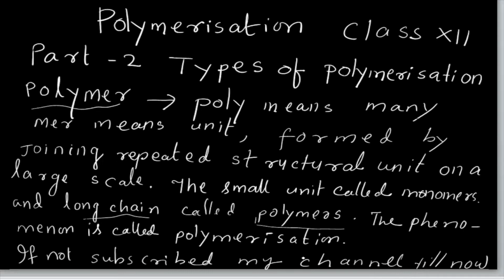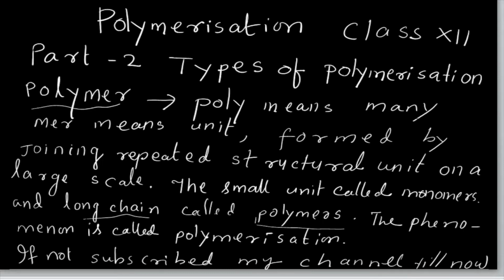Is it clear? Polymerization means, for example, in your daily life you take one single rose flower. You can say it is a monomer, a single unit. But when so many rose flowers are joined repeatedly, what will they give?